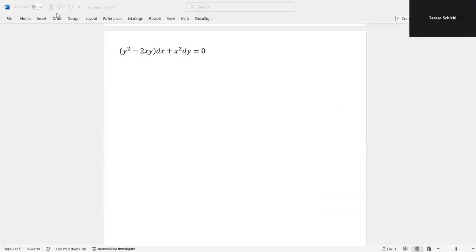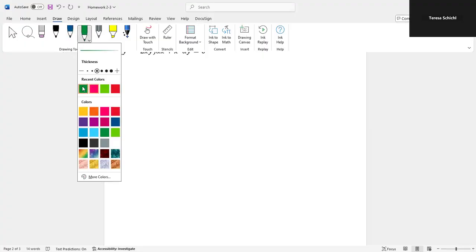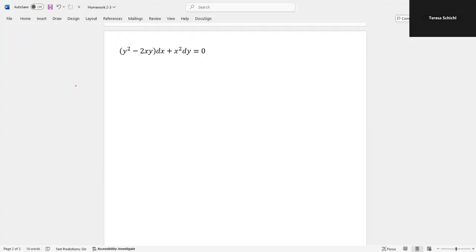For this problem, I think I will try to rearrange the terms and see if I can change it to a Bernoulli equation. Some students asked me, how did you spot that you can change it to a Bernoulli equation? My trick is I look at all the y terms.